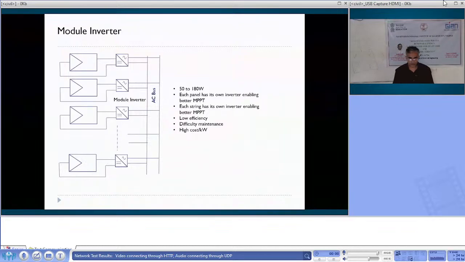Actually there is no requirement of any reference cell also, because you can directly give the panel voltage and panel current and track the MPP. You give that value to the algorithm and it will properly track the MPP.